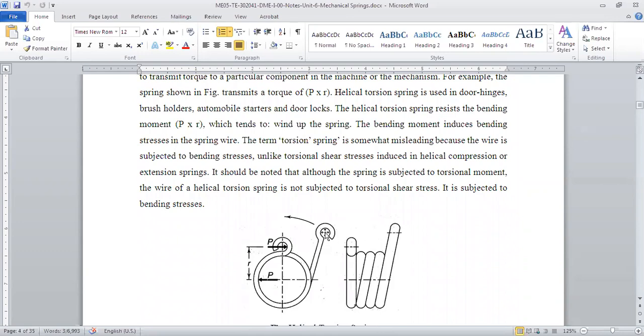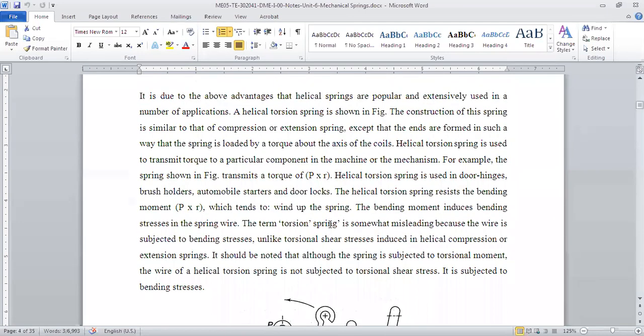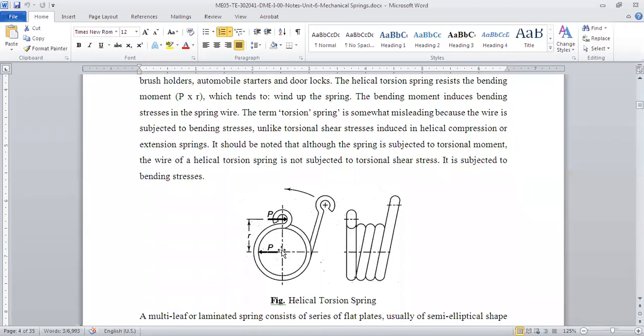Here you are basically trying to bend it, right? So the stresses in the torsional spring will not be torsional stresses. Here you are trying to apply a torque, this P. If you are applying a load P here, then P into the distance R, the radius to the center of the coil, is the torque you are applying, and because of that, energy will be stored in the torsion spring, right?